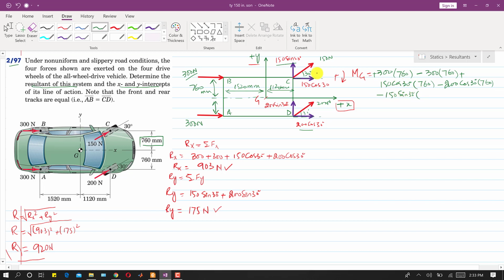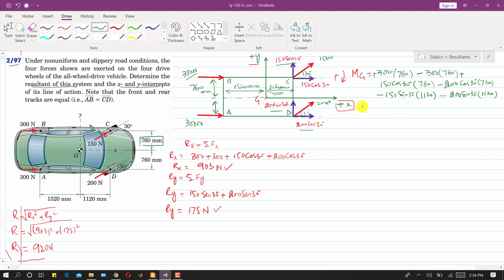150 sine of 30 degrees, and the perpendicular distance of this sine component from G is 1120 mm, so I will write 1120. Similarly, this sine component is again producing counterclockwise moment, so this will be minus 200 sine of 30 degrees, and its perpendicular distance from G is also 1120 mm.